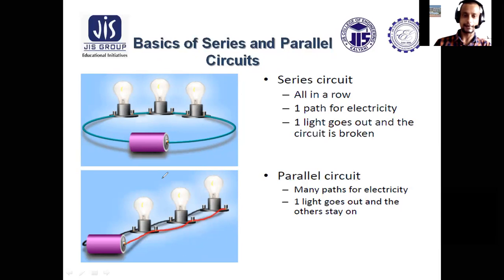Now what is a parallel connection? Say this is point A. What do you mean by a parallel path?